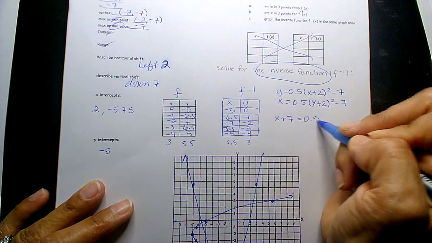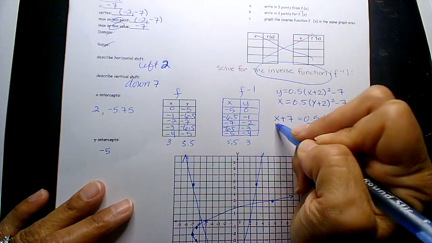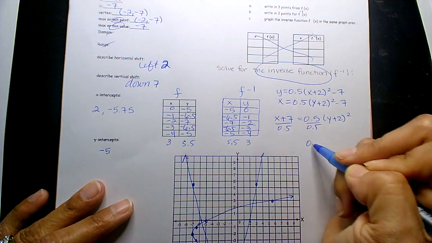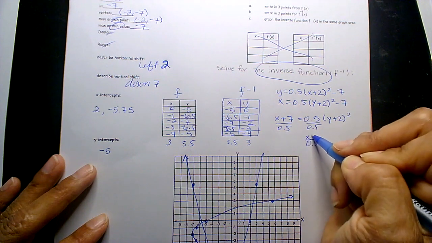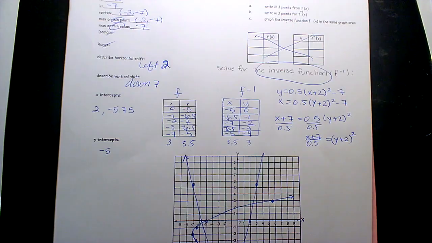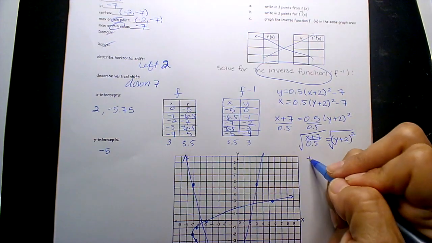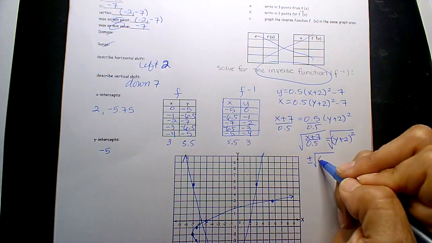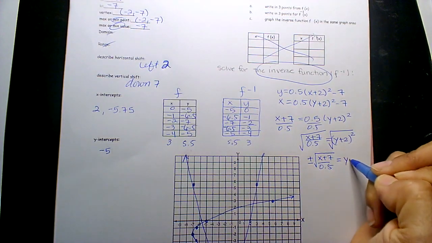Some of you had negative, and then you needed to divide by the half. So I get x plus 7 equals y plus 2 quantity squared. You want to get rid of the square, so you square root. So I get plus or minus the square root of x plus 7, 0.5, and then you get y plus 2.